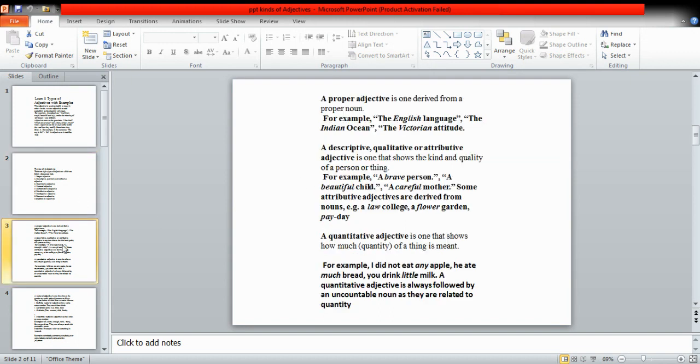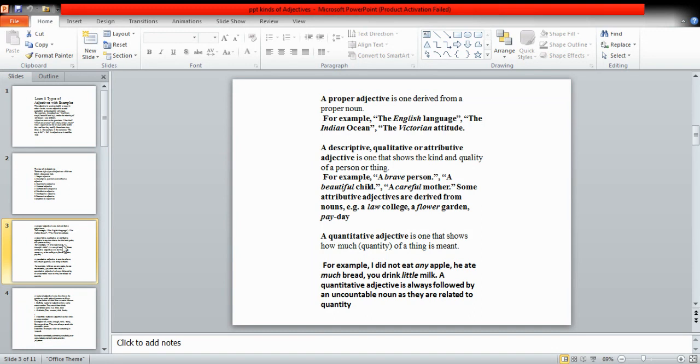So, first of all, we start with the proper adjective and we have to understand what is meant by a proper adjective. A proper adjective is always formed or derived from a proper noun. For example, when I say English, the word English is a proper adjective, but it is derived from a proper noun which is England.